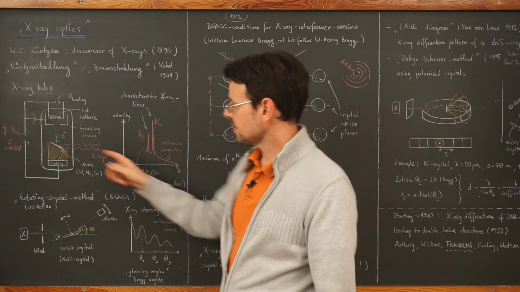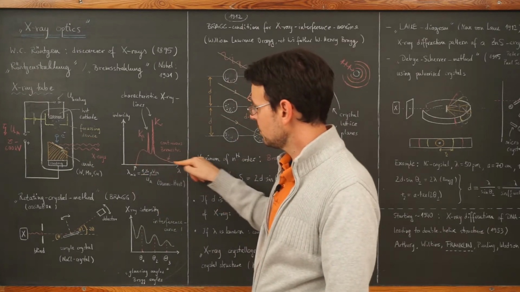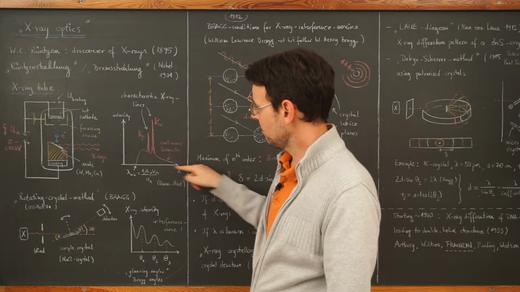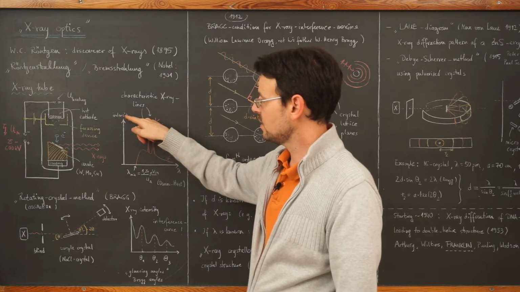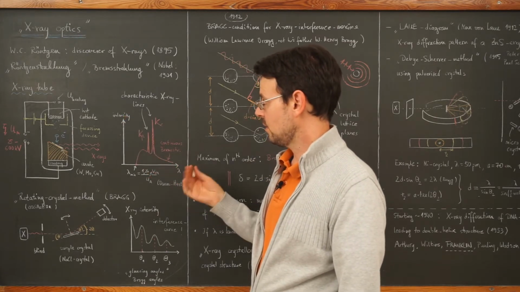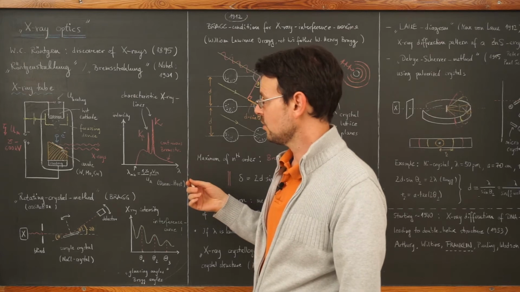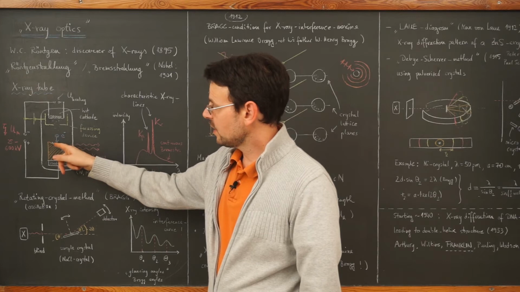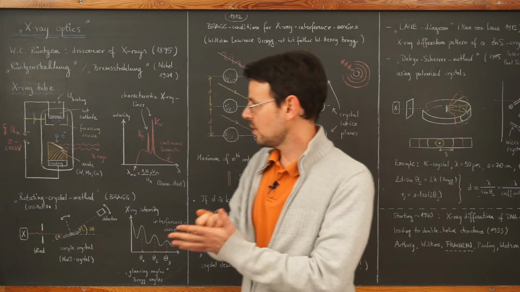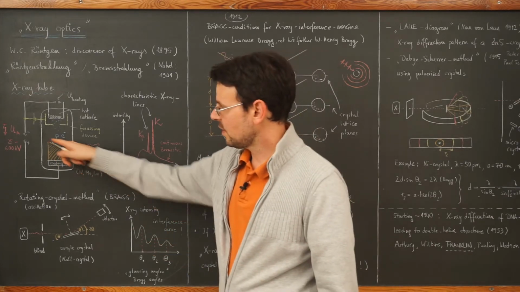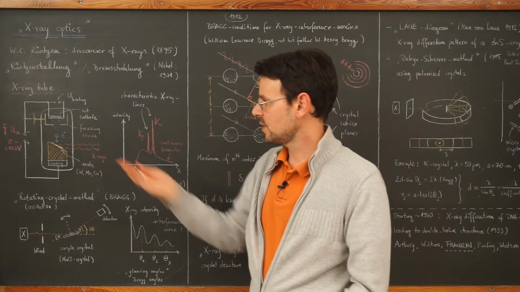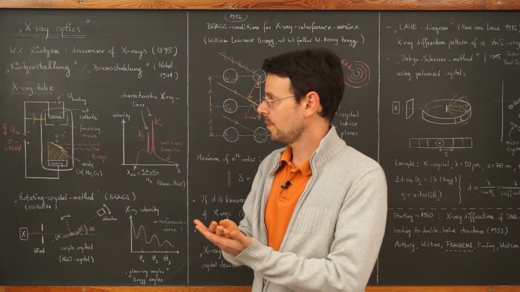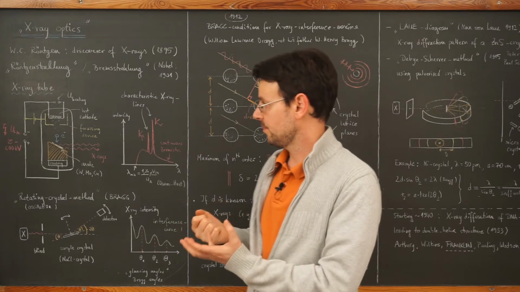The first process leads to this continuous part of the curve, where here we have the wavelength and the intensity of the Röntgen radiation, the X-rays. These very high energetic electrons bump into the atoms of this target metal, and of course they are decelerated very hard.